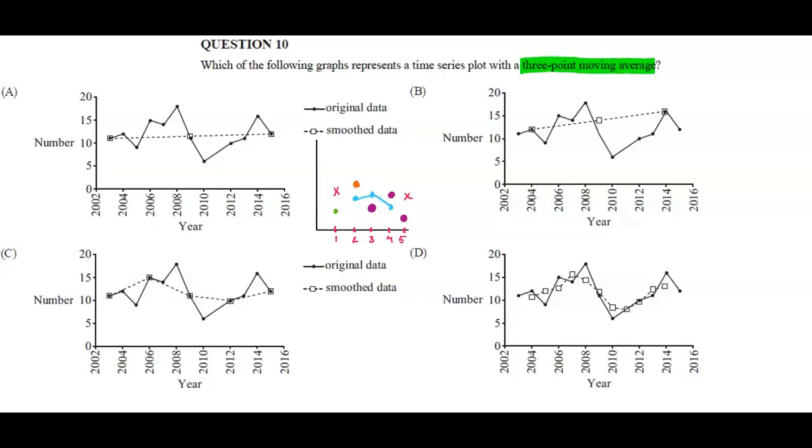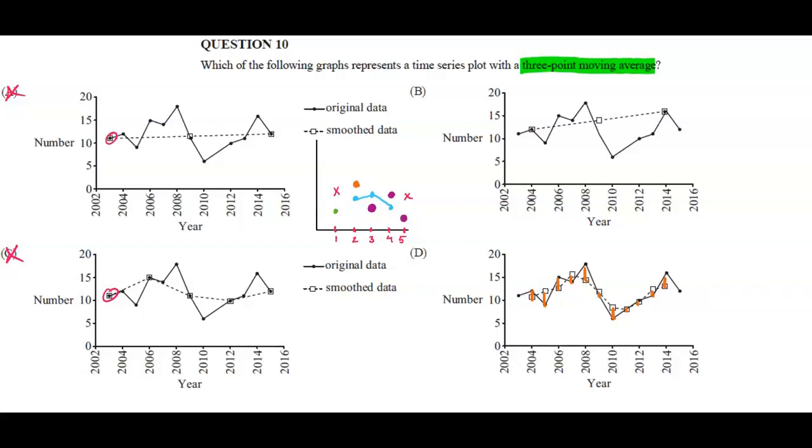So if we look at A, our first point on our moving average there is in position 1. So A's out. Same with C. Our first data point is in position 1. So C's out. So B and D are still viable. But if we have a look at B and D, notice how D, after the second point, has a data point at every single other point, and it finishes 1 point from the end.